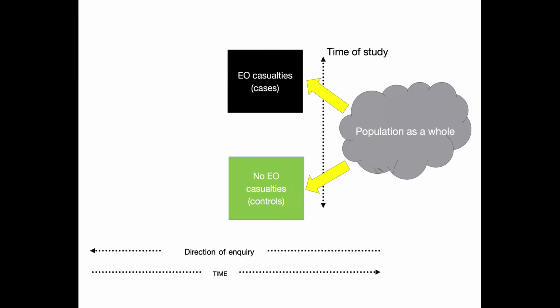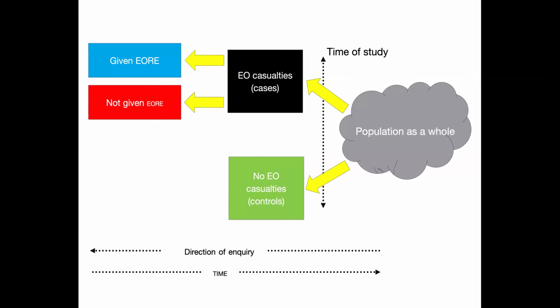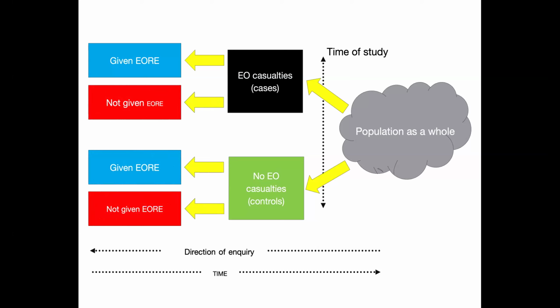These are our controls. And then we look at, were these cases given risk education before they were accidents, or were they not given risk education? And we do the same for the controls. Had they been given risk education, or had they not been given risk education? So we have these 4 groups.